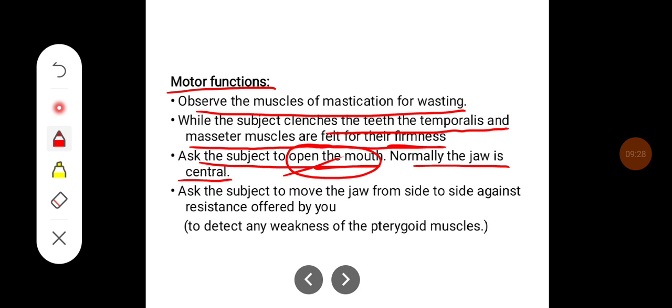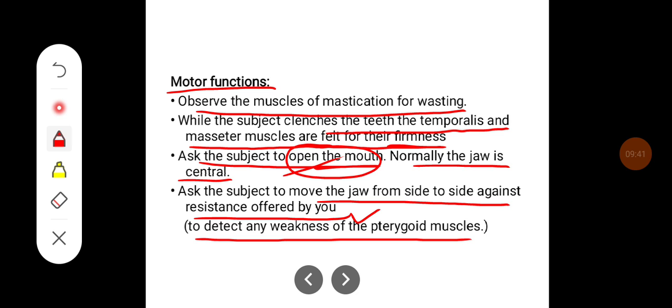Then ask the subject to move the jaw from side to side against the resistance offered by you. So that means the grade of the power of the muscles will be grade 5. This has to be done to detect any weakness of the pterygoid muscles.